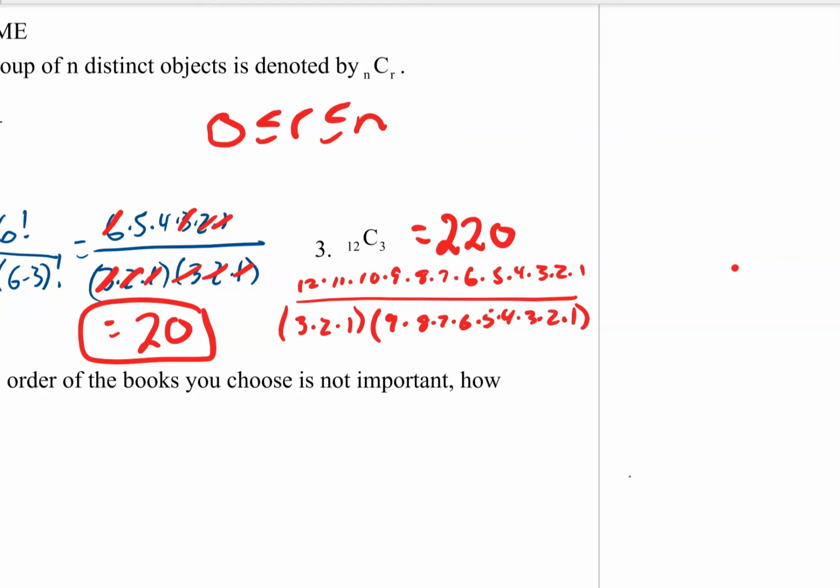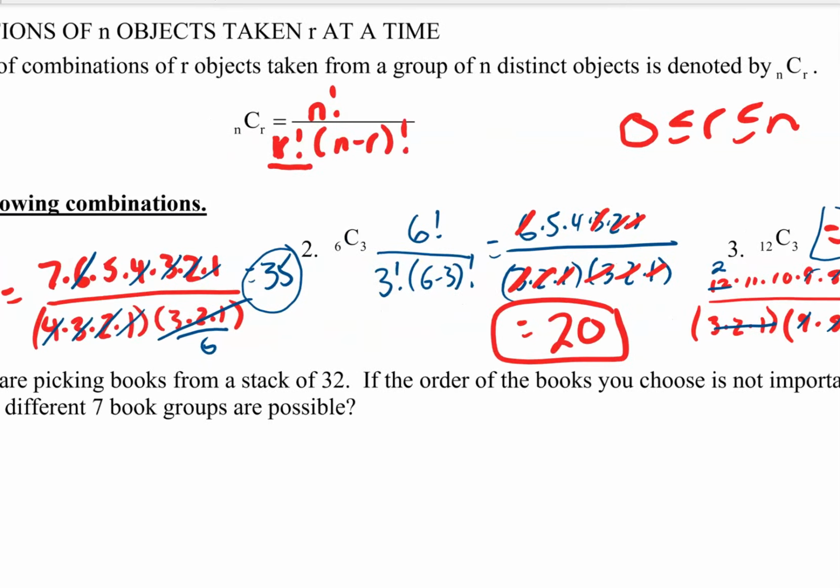So I will eliminate. 12 times 10 times 11 divided by 6 will change. 6 goes into 12 twice. 10 times 11 is 110, times 2 is 220. So we see that the button works.